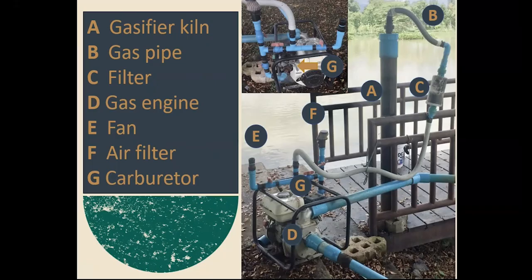To get it going, we do need a small fan to circulate air through the combustion engine, but a small battery-powered fan can be used to do that. But once it's running, we can do this entirely off-grid with no electricity, and it can be used for different things like pumping water and running different things on the farm that we might need a small engine for, such as irrigation pumps and other things.